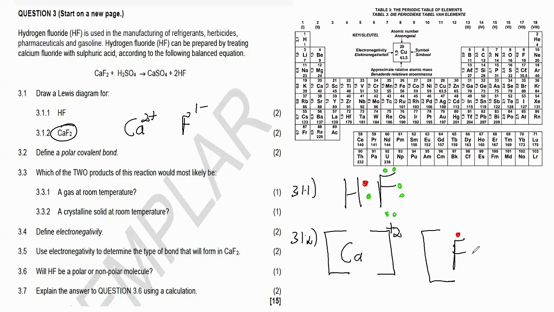So we say 1, 2, 3, 4, 5, 6, 7, which would normally be the number of electrons that fluorine would have. But the 1 minus there indicates that it gains an electron. So when it gains an electron, it ends up having a full orbital, right? So that's 8 of them.